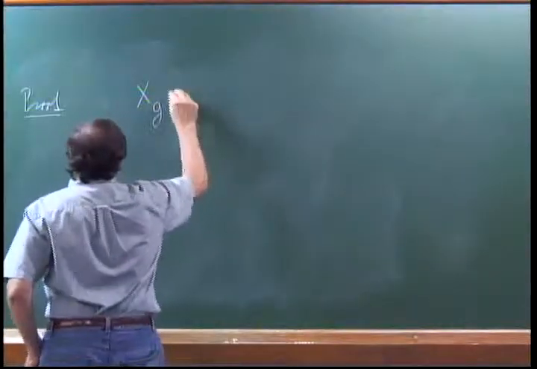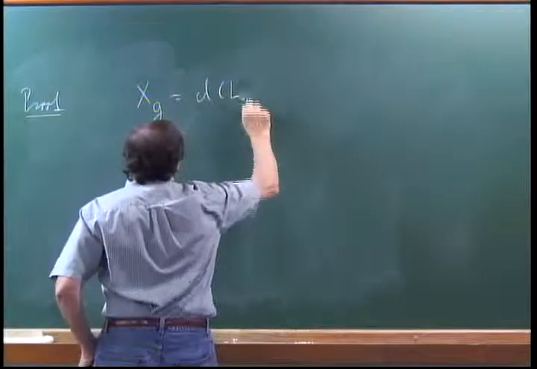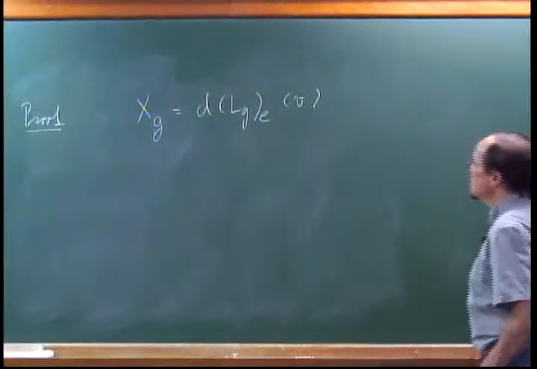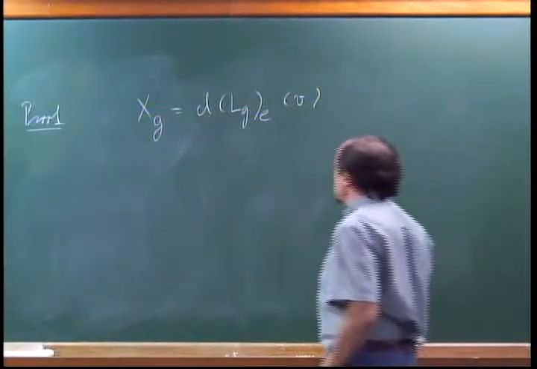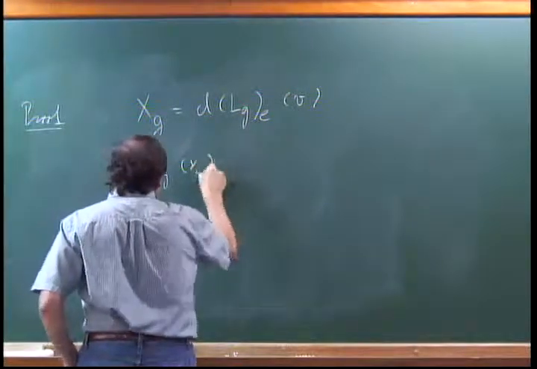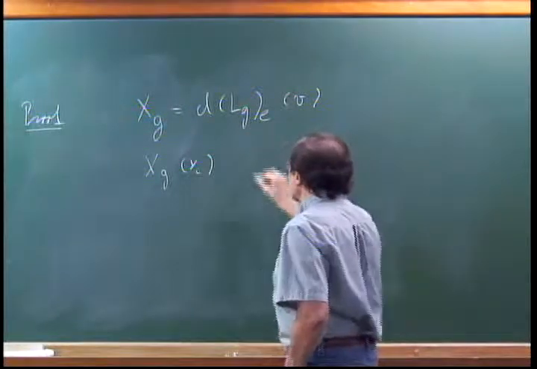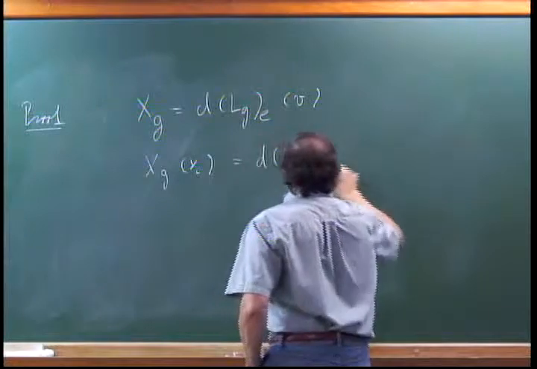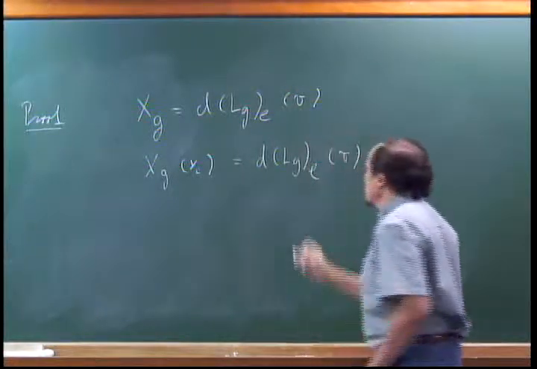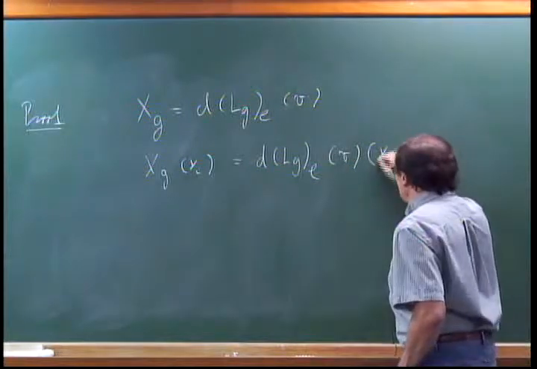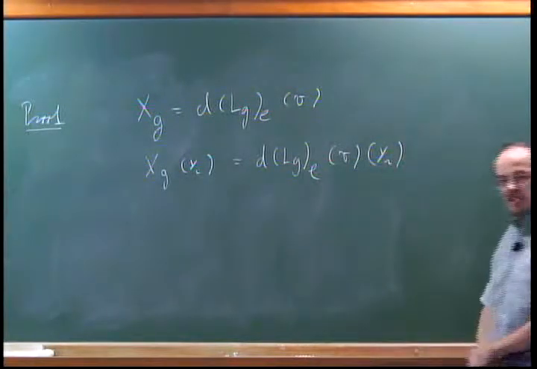X at the point g was dL_g at e applied to the vector v. That's my definition. I want to show it smooth. So I want to apply X_g to the coordinate functions yi. Right, so that's the derivative of L_g at the identity applied to v. That's a vector, and I want to regard it as a derivation, so I apply it to my coordinate function yi.